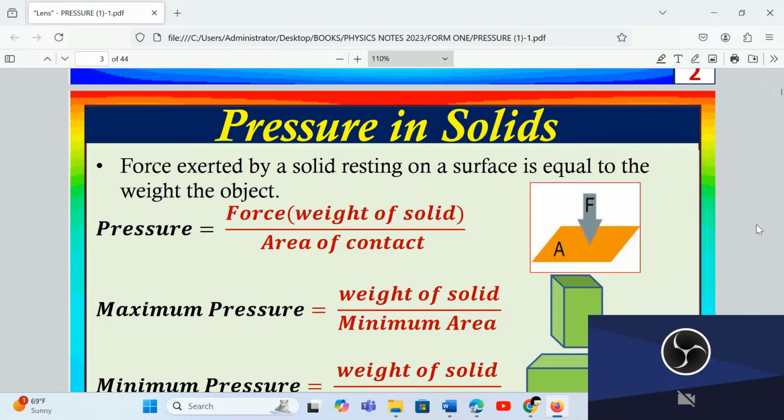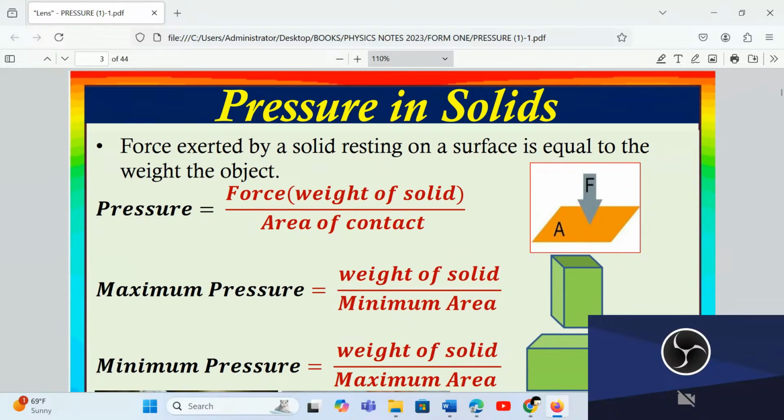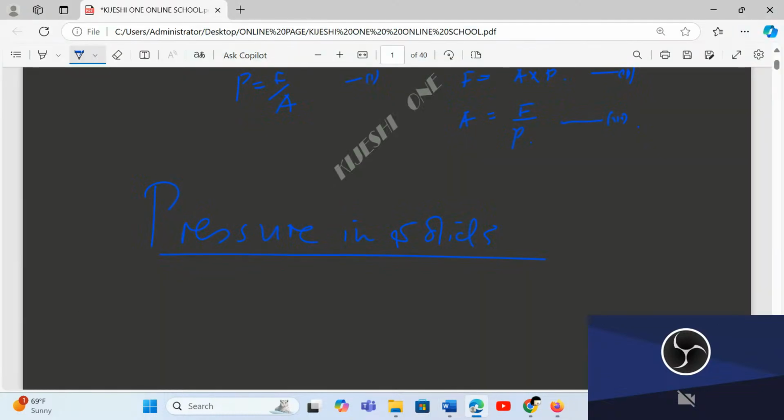In this case we may avoid saying force because now we are going to include the weight of a solid. Then we have the area of the side on which the body is lying on a surface. Then you can have maximum and minimum pressure.